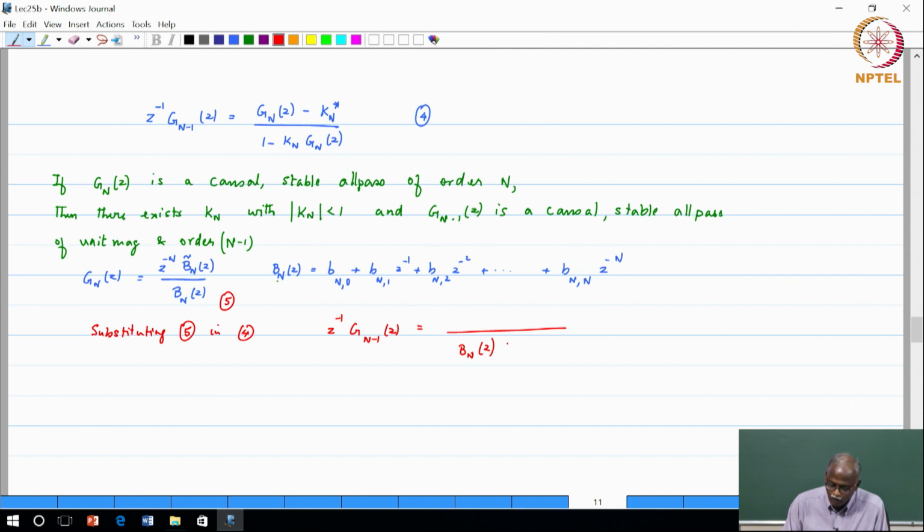So, b n of z minus k n b n tilde of z, that will be the denominator. Numerator will be z power minus n b n tilde of z minus k n star times b n of z. Basically, I have just substituted the expression for g n of z and just rewrote the equations.